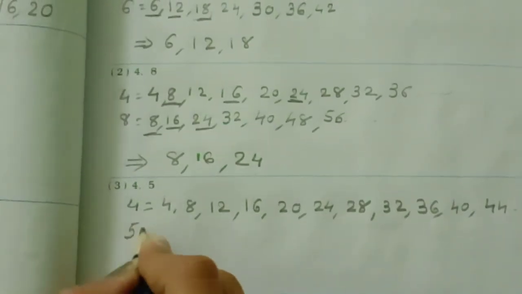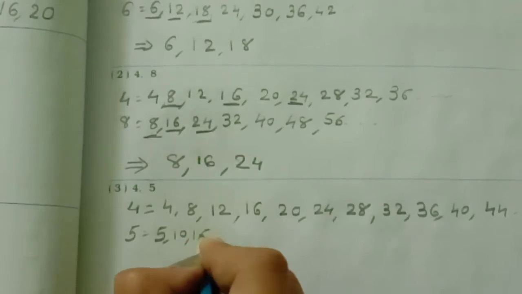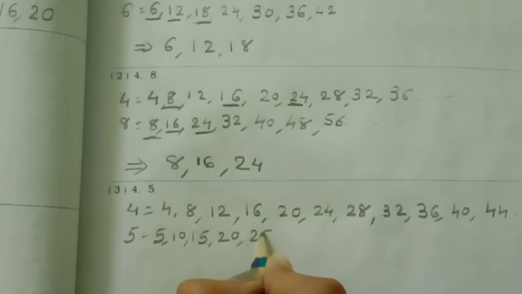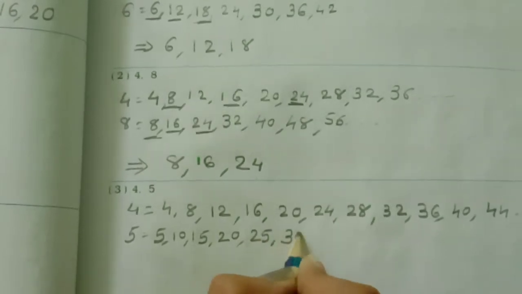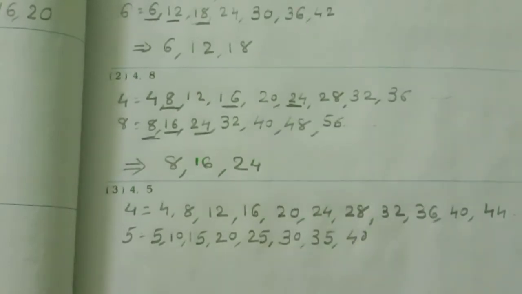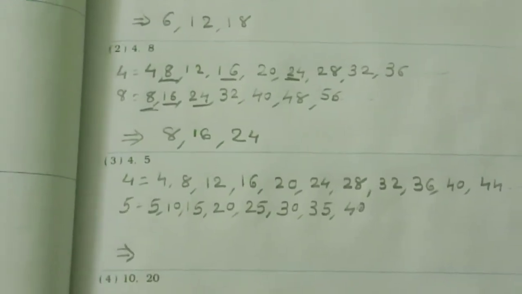Now 5: 5, 10, 15, 20, 25, 30, 35, 40. Now let's find out whether we get 3 common multiples or not.